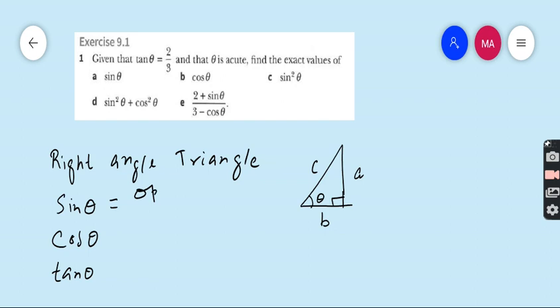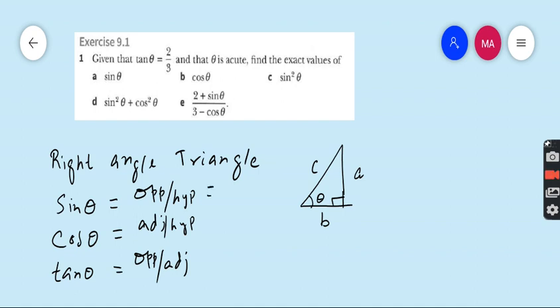What is the formula of sine theta? Opposite upon hypotenuse. What is the formula of cos theta? Adjacent upon hypotenuse. What is the formula of tan theta? Opposite upon adjacent. What does opposite mean? Opposite to the angle.